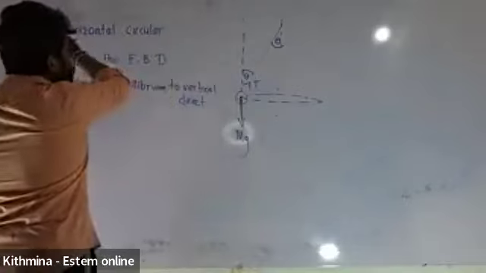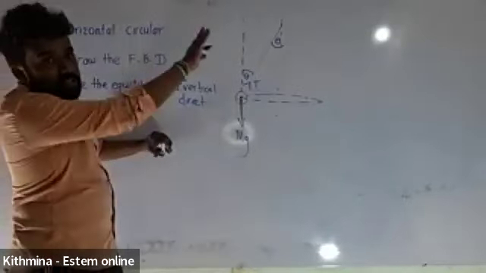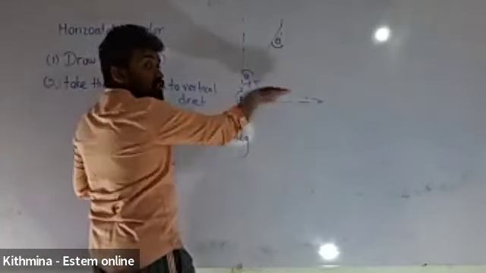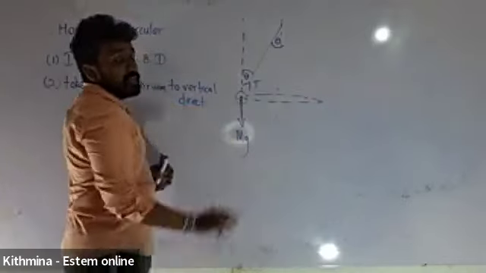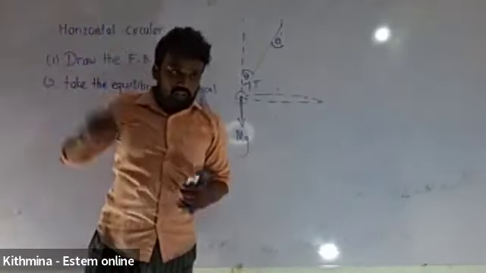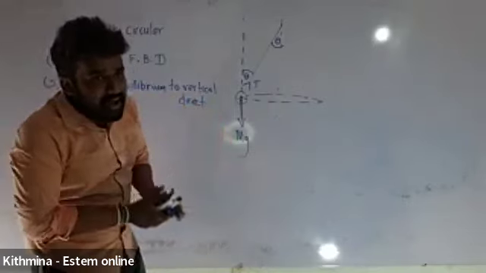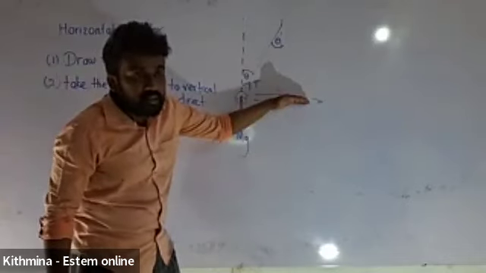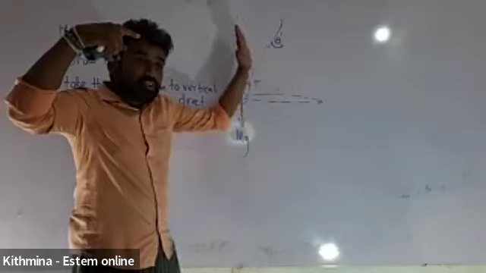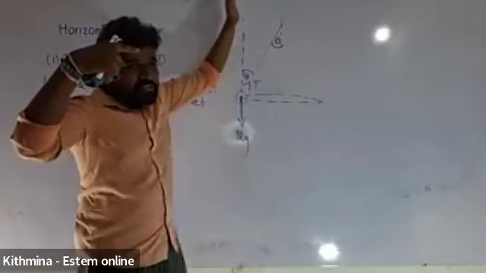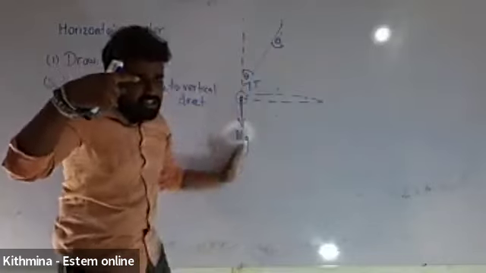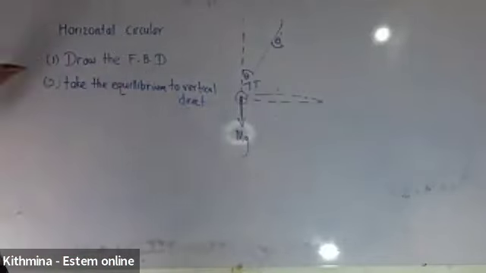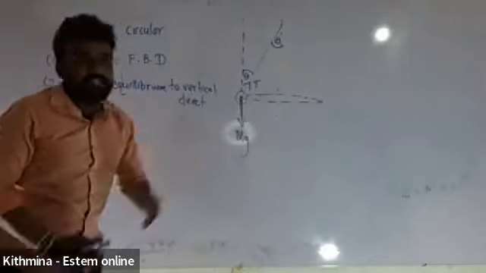Because this is a horizontal circular motion, the resultant force is acting only in the horizontal direction. Therefore, in the vertical direction, the resultant should be zero. Therefore, you can get vertical equilibrium in these scenarios.